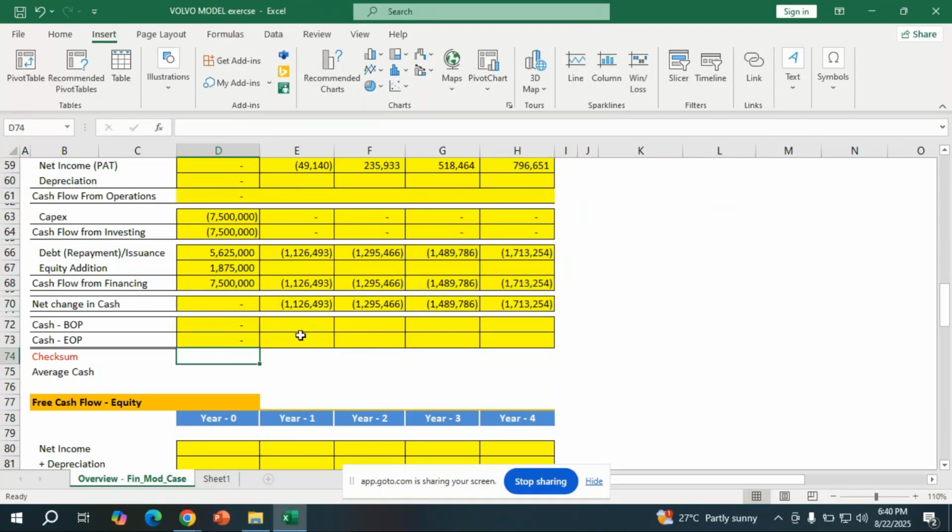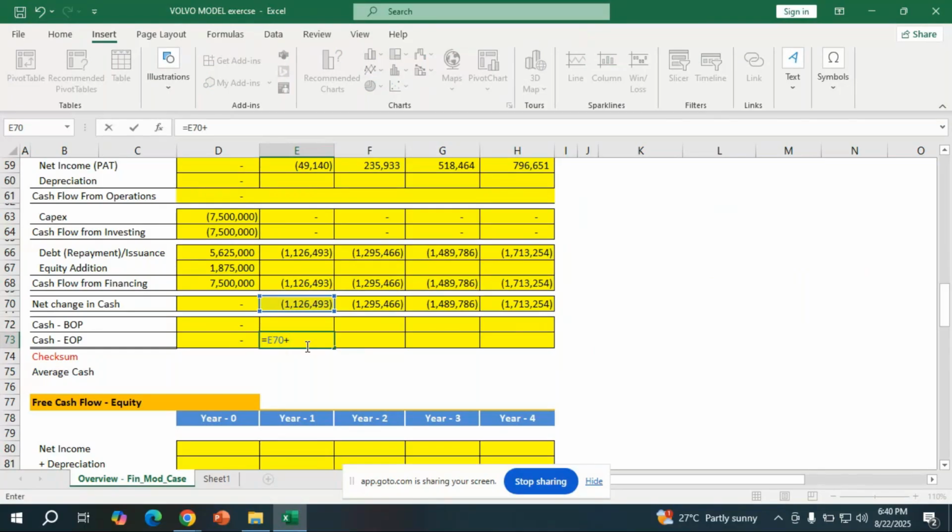Here, of course, we can get equals to net change in cash plus beginning of the period. Which one for year one?